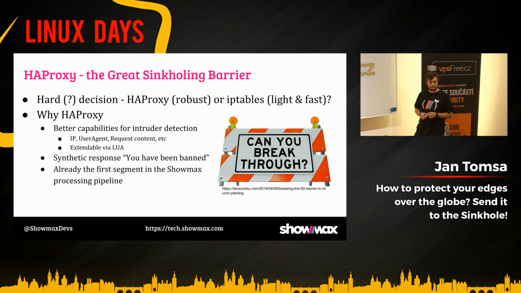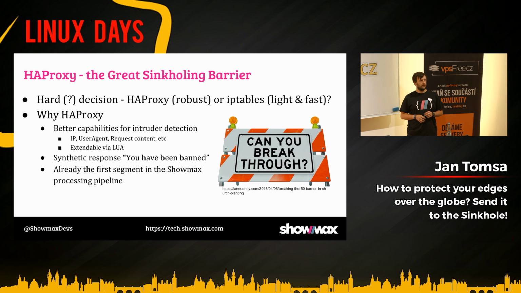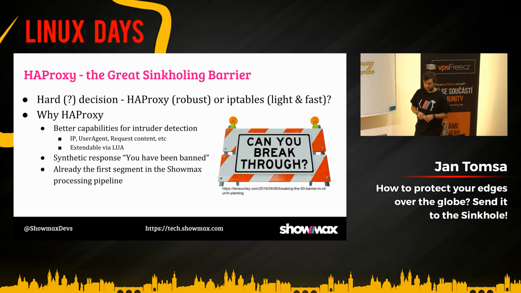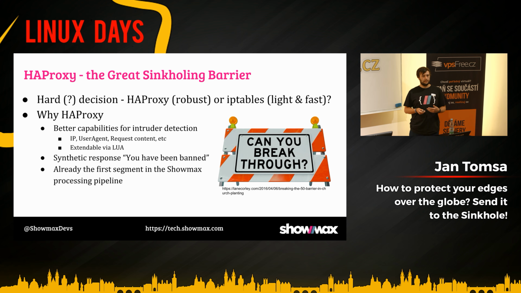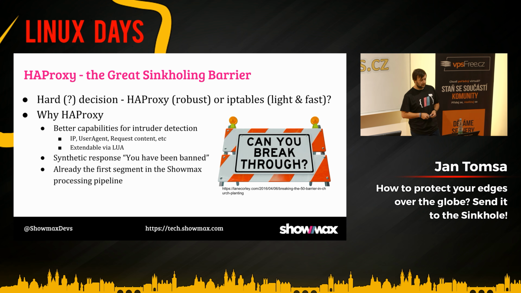For some basic usage, iptables would be sufficient, because if you need to block only by IP, it's quite okay for that. But we wanted to be more targeted in the banning. We wanted to be able to address issues of people behind NAT, etc.